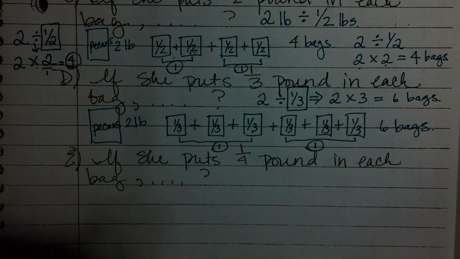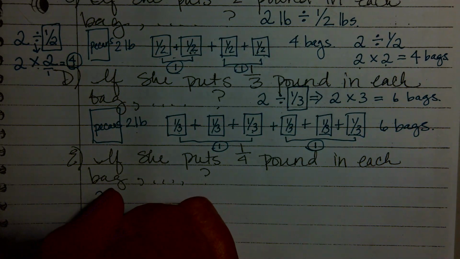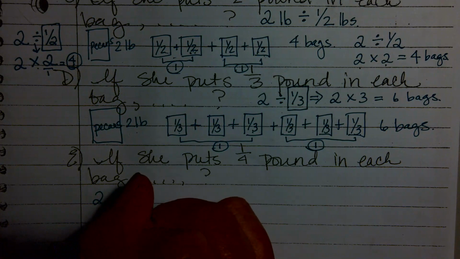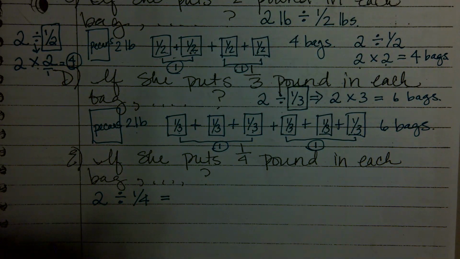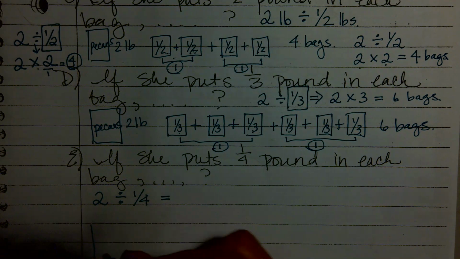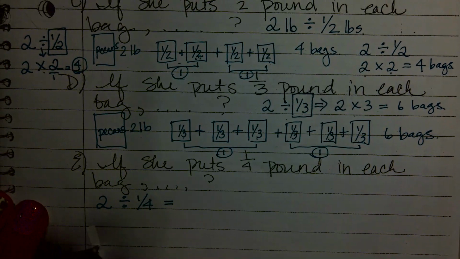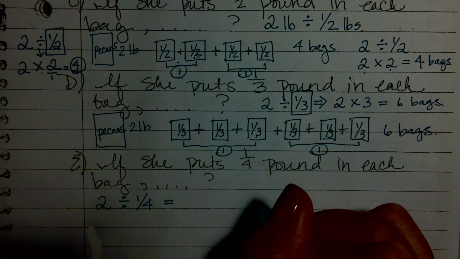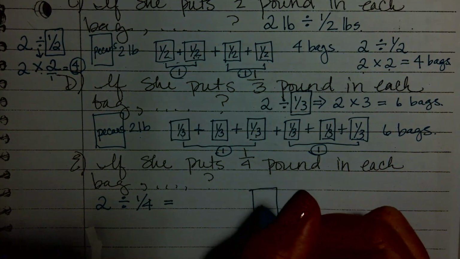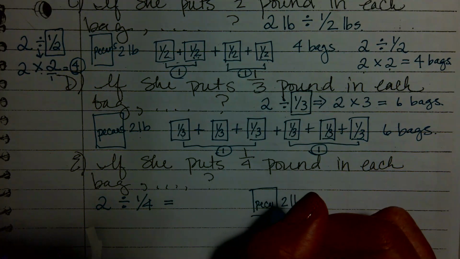All right, let's try fourths. I'll write it here, 2 divided by 1/4. So she still has a 2-pound bag of pecans.